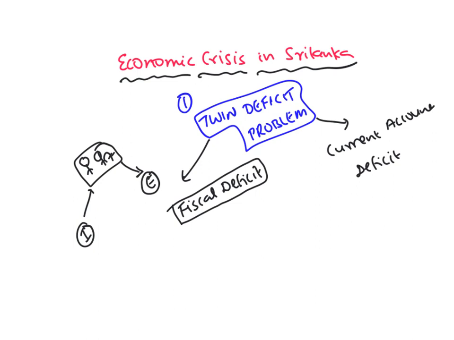So every family has both income as well as expenditure. If income is more than expenditure, you say the family is in surplus. It has excess cash. If income is less than expenditure, which means expenditure is more than income, we say the family is in deficit.